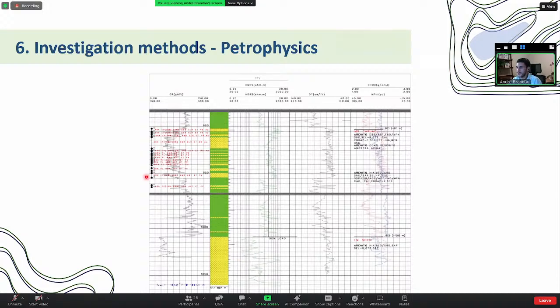Also a tip here is the occurrence of oil in black. And this is what we call a composite log. This is a very common document that each well has, where they present the measurements of the logs along the depth.